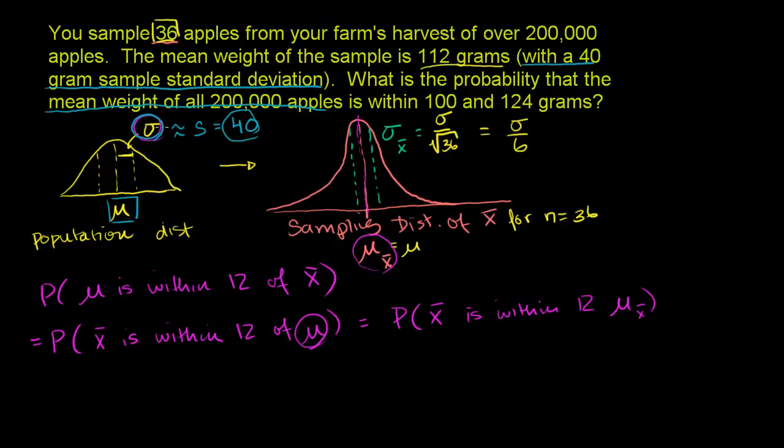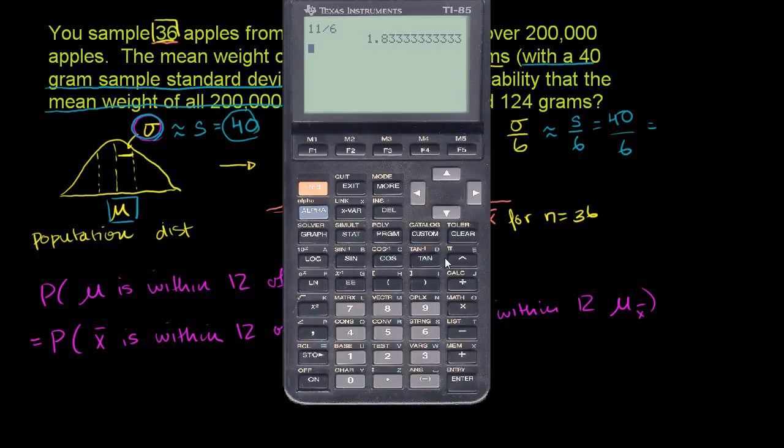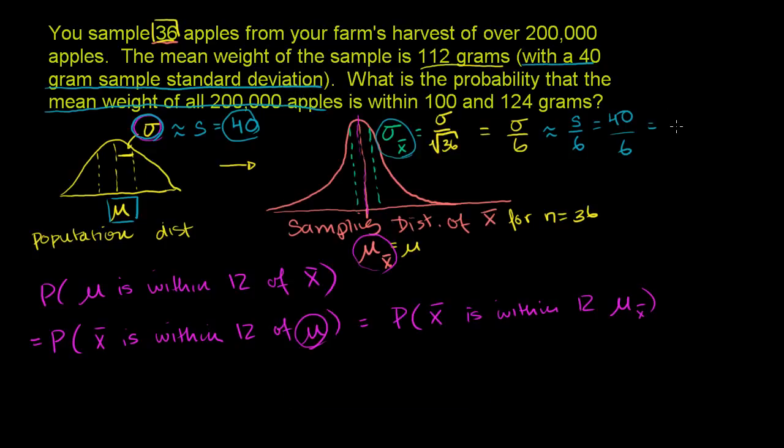So if this is our best estimator for that, our best estimator for this thing right here is going to be equal to our sample standard deviation divided by 6, which is 40 over 6. Let's get our calculator out. 40 divided by 6 is 6.67.